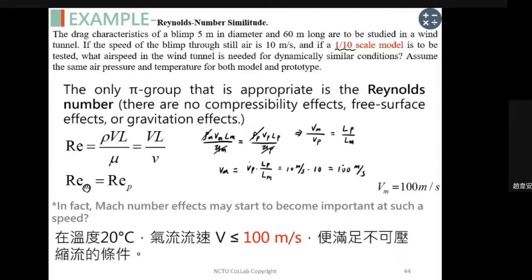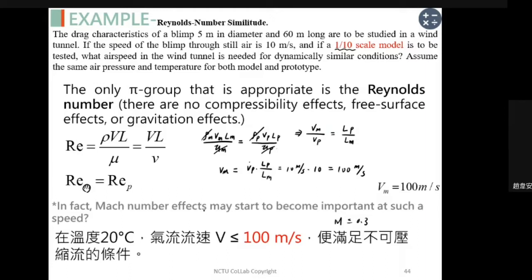So that will be the problem, because for normal conditions, when the airspeed is less than 100 meters per second, we don't need to consider the Mach number, because the Mach number will be smaller than the 0.3 threshold. But in this exercise, our airspeed is around 100, so that's quite close to the threshold for the airspeed.